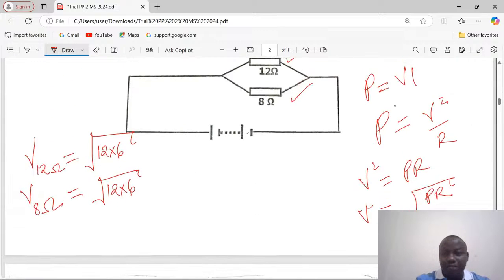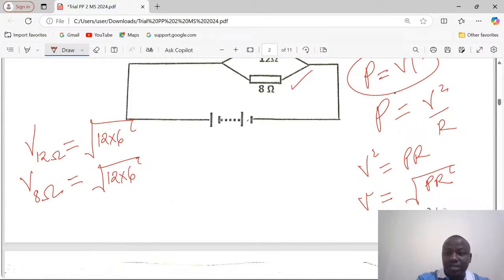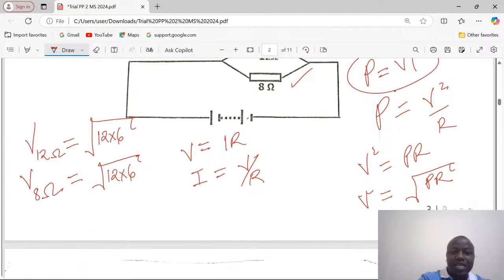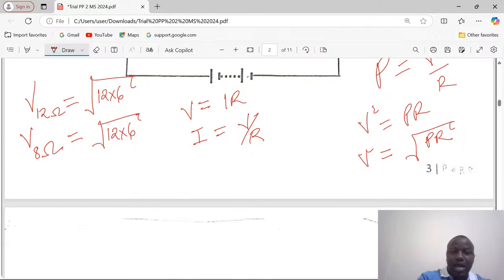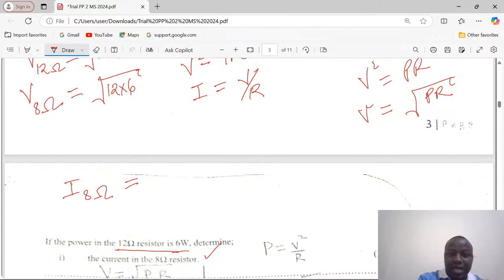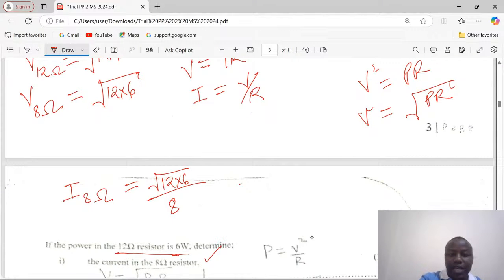And according to the first formula here, how do we get current? Sorry, not even that formula, but from Ohm's law, V equals IR. So how do we get current? V over R, which means current in the 8 ohm resistor is going to be the voltage there, the square root of 12 by 6, divided by the resistance there, which is 8.